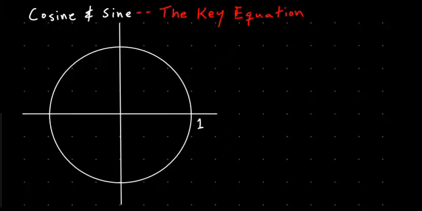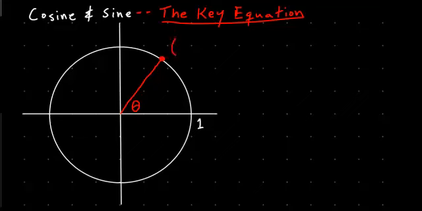We are still talking about the cosine and the sine, and we are going to define what we are going to call the key equation. From our last video, we saw that when we go an angle of theta, where theta is in radians or degrees, we stop and look at the coordinates of that point.